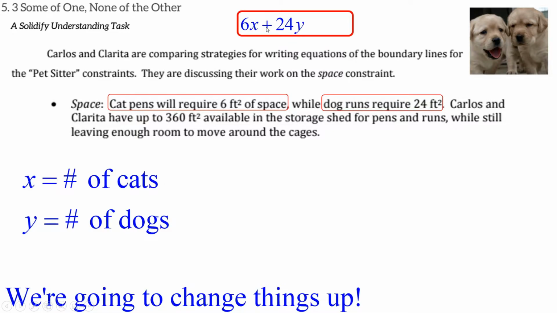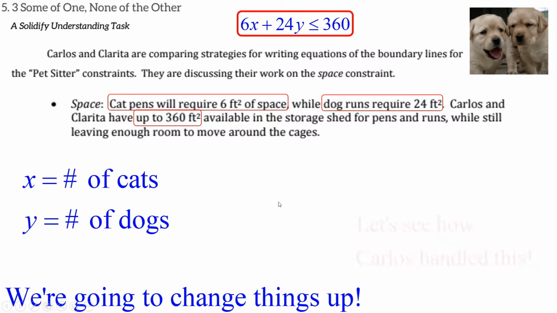And then Carlos and Clarita have up to, so up to, that means they can use less than or equal to, and that would be less than or equal to 360. And there you go. There's our inequality right there. And again, we've been working on this entire module. We're trying to be able to translate paragraphs into inequalities or equations.